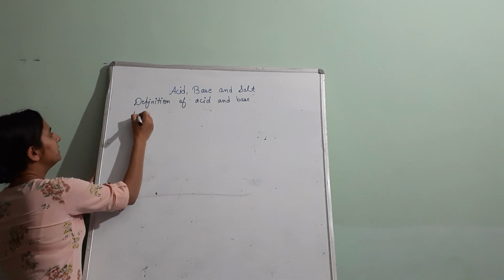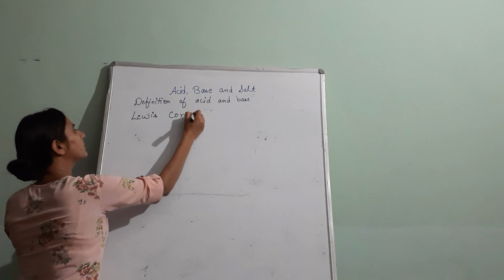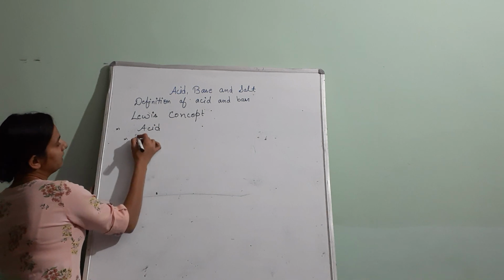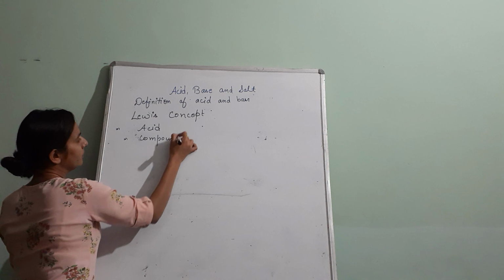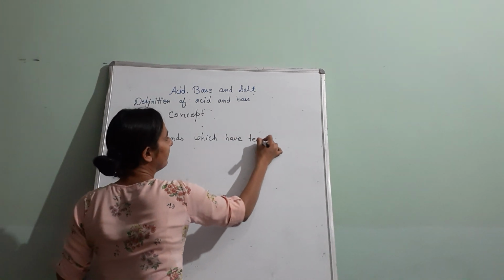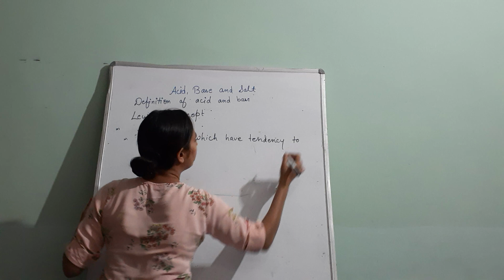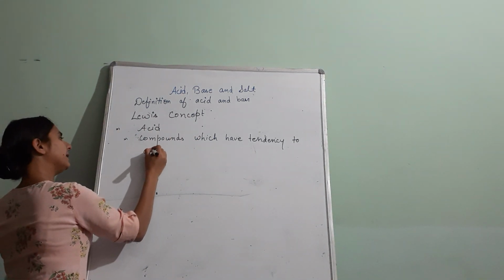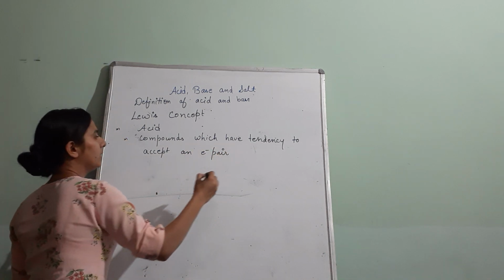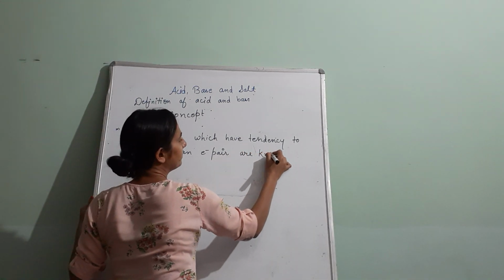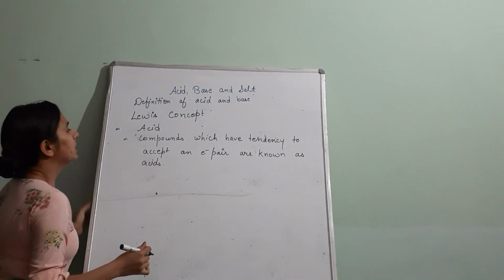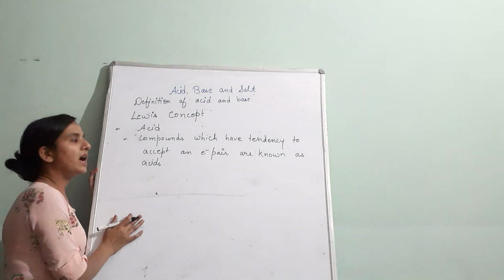According to this concept, compounds which have a tendency to accept an electron pair are known as acids.